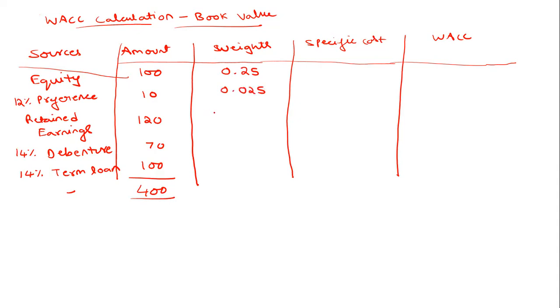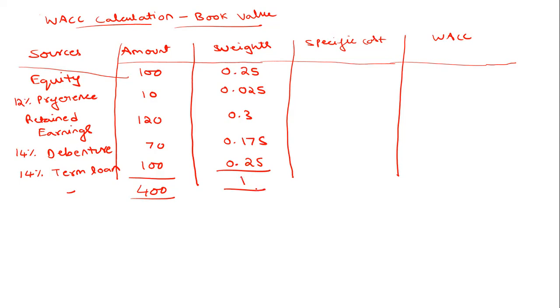Very good. For retained earnings, 0.3. Debentures, 0.175. Okay, and term loan, 0.25. And the total you should get as 1.